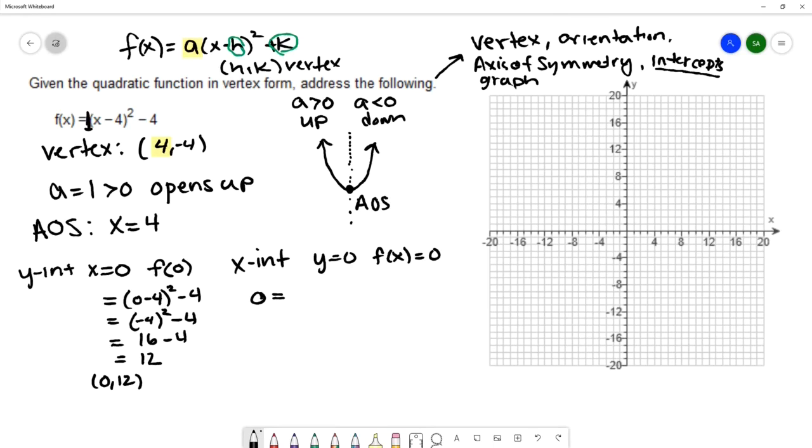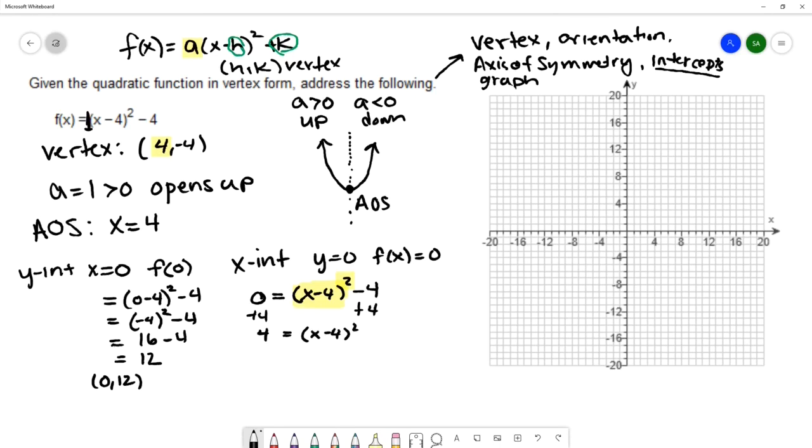When I do that, I have the equation 0 equals (x minus 4) squared minus 4. And I'm going to solve this equation using the square root method. I'm going to isolate this square and everything that that square is attached to. So I'm going to add 4 to both sides to isolate that square.